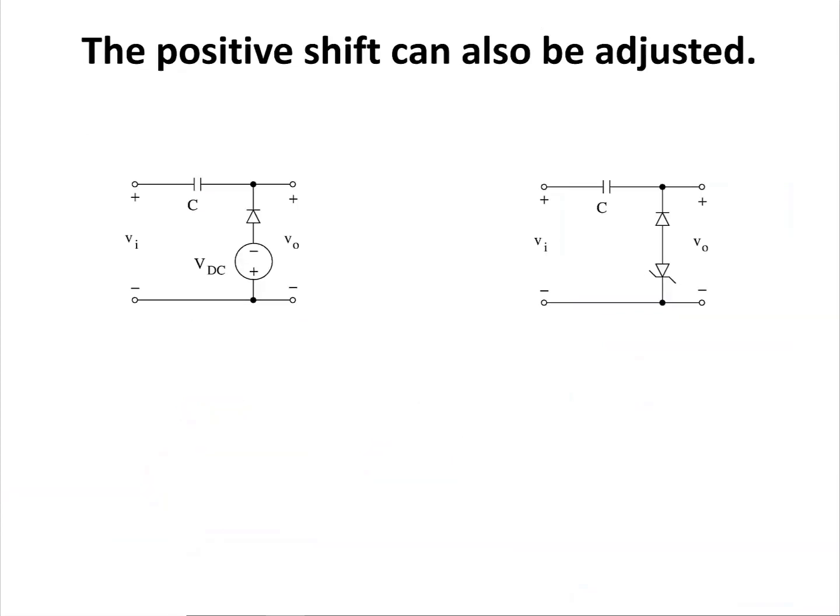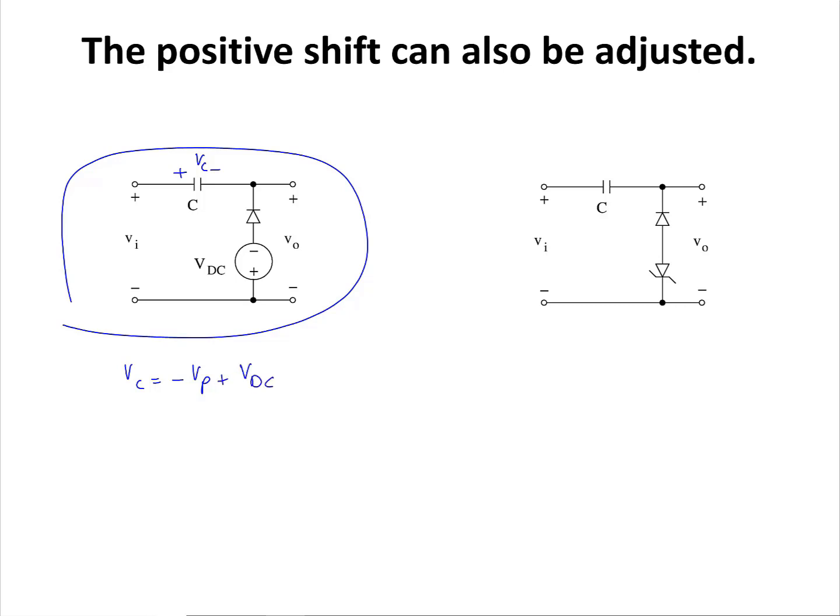The value of the positive shift in a clamp circuit can also be adjusted, and we can do that again by adding a DC source in series with the diode. And in this circuit, let me label the voltage across the capacitor VC. So VC is going to be equal to negative V peak plus VDC plus VD0, and V out is going to be equal to Vi plus V peak minus VDC minus VD0.